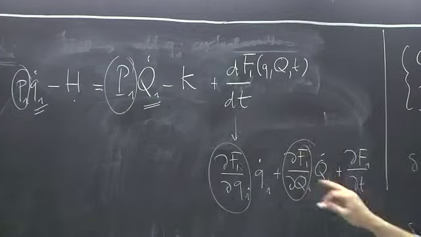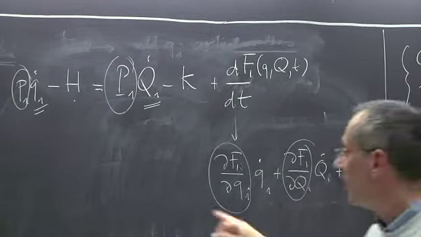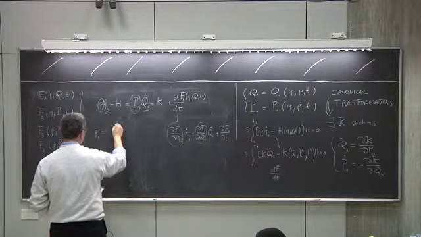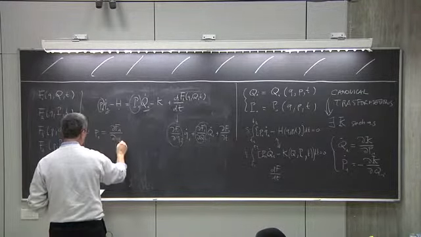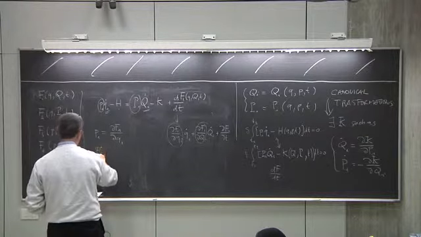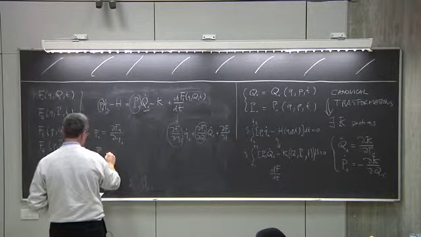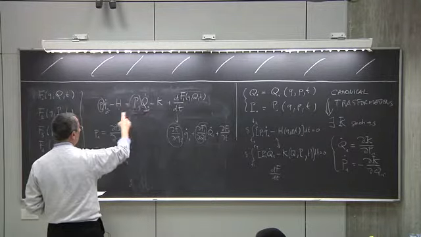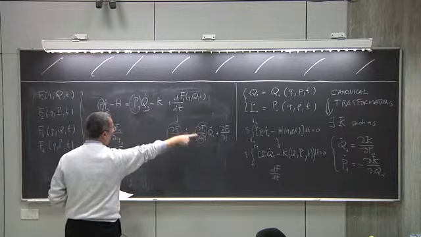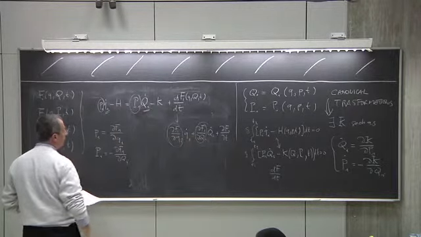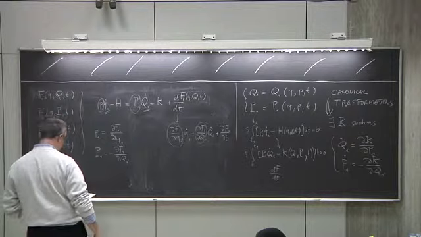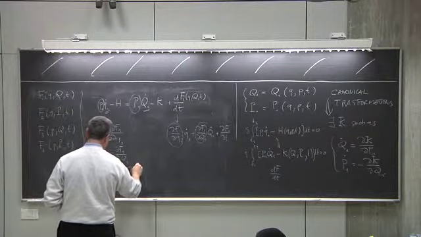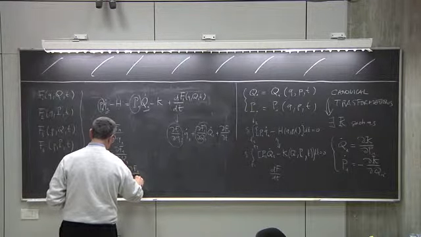And then whatever is left must be equal to this. So I get three equations: p_i equals dF1/dq_i, big P_i equals minus dF1/dQ_i, and finally, whatever is left, that is h, K, and the partial derivative with respect to time of the function F1. So that means K is equal to h plus dF1/dt.